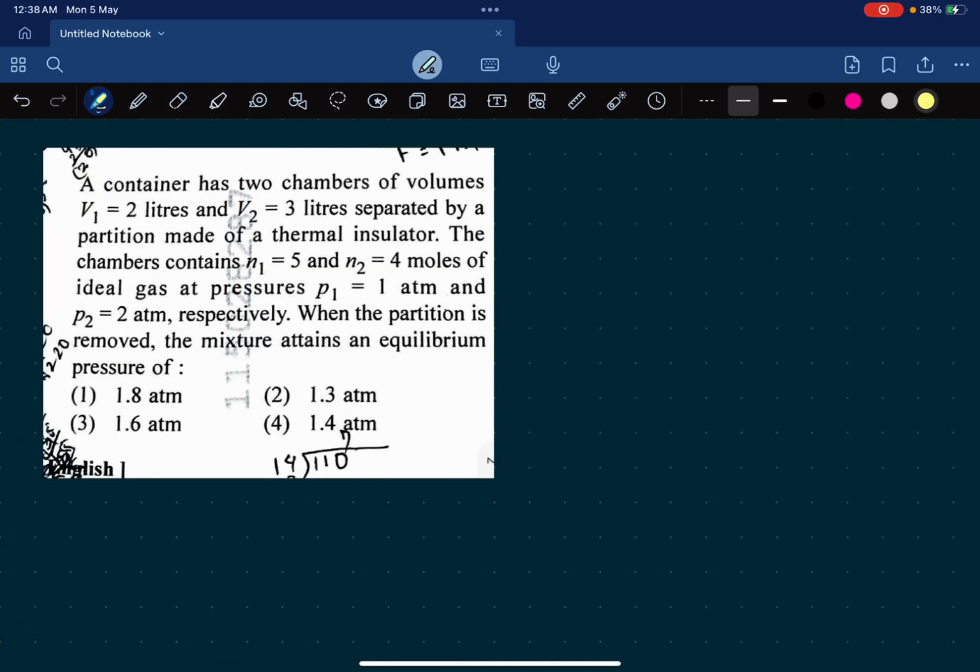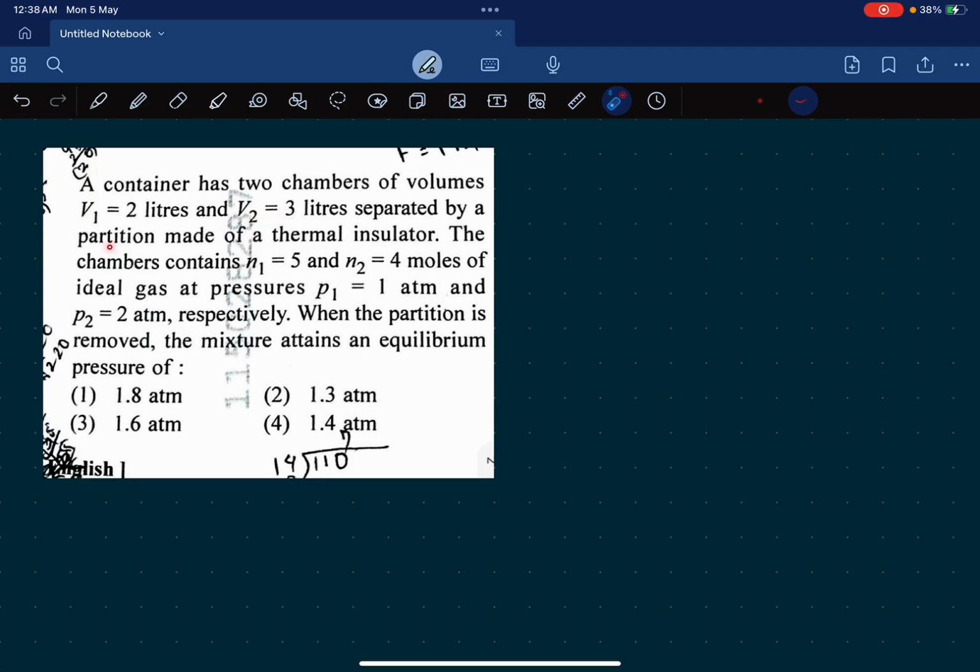Okay, now what we have is again one type of common question. Let's read the question. We have a container which has two separate chambers having volumes 2 liter and 3 liter respectively.